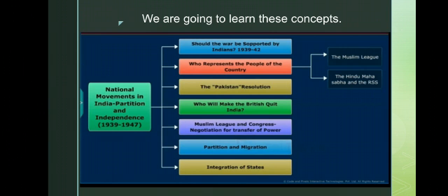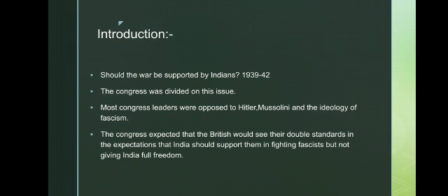Should the war be supported by the Indians during the Second World War, 1939 to 1942? And the second most important question which arose in the minds of Indians was who represents the people of the country after the Britishers. These two questions divided the Congress into two groups.